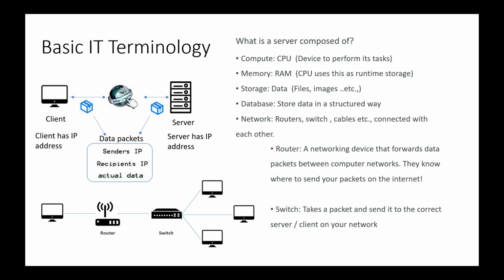For example, a company has a lot of servers. When you send a request, it has to reach the correct server. To identify the network, routers are useful, and to correctly identify the server connected in the same network, switches are useful. That is what switch and router mean. I think this covers the basics.